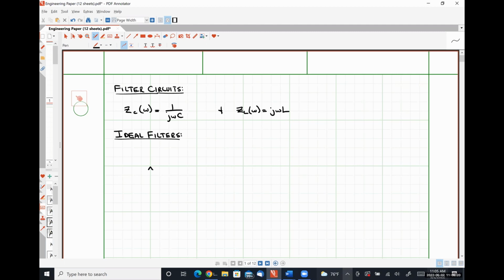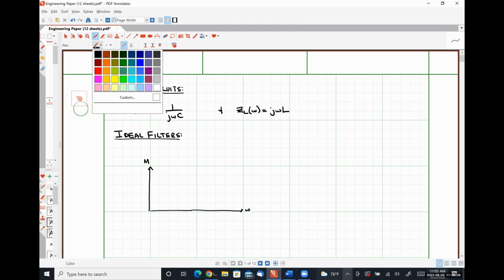What I mean by that is if on our vertical axis, we have the amplitude of our signal, which I'm going to call M for right now, and on the horizontal axis, we have frequency, omega.